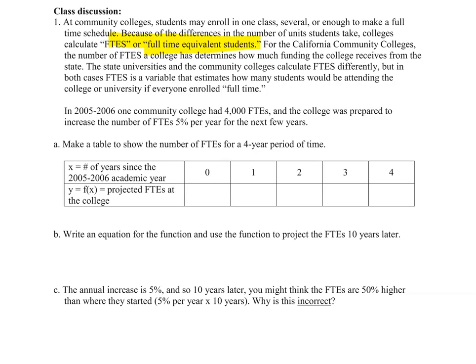So for the California community colleges, the number of FTES a college has determines how much funding the college receives from the state. The state universities and community colleges calculate FTES differently, but in both cases, FTES is a variable that estimates how many students would be attending the college or university if everyone is enrolled full-time.